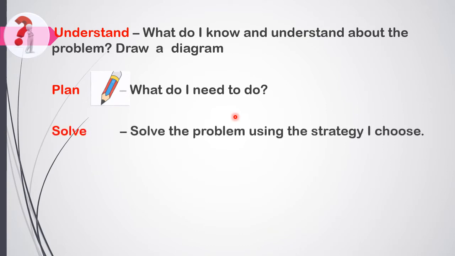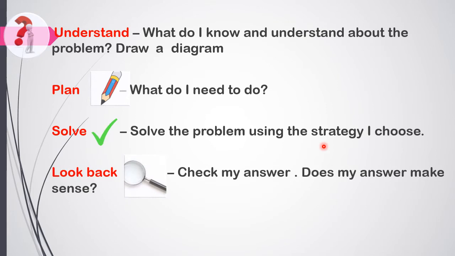Then the third step, solve. Solve the problem using the strategy we choose. Then the fourth step, look back. Check our answer. Does your answer make sense? Is it correct or not? You have to check the answer in the last step.